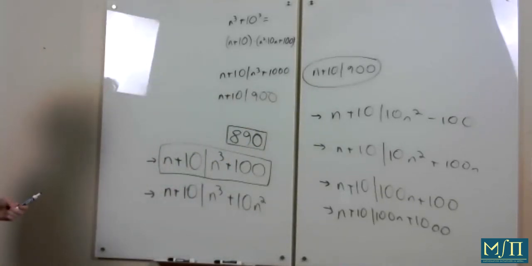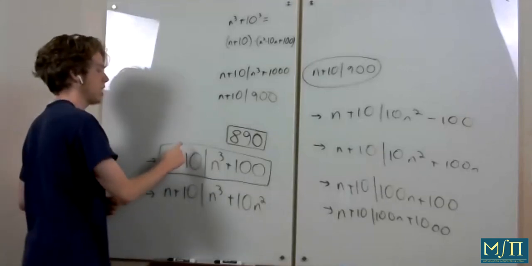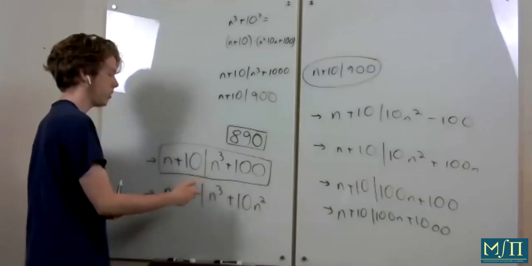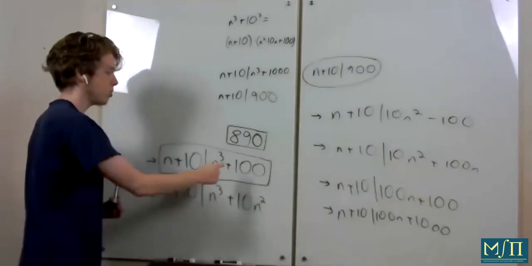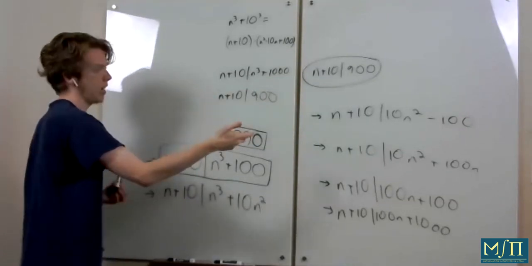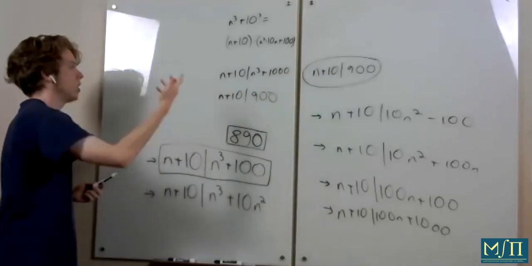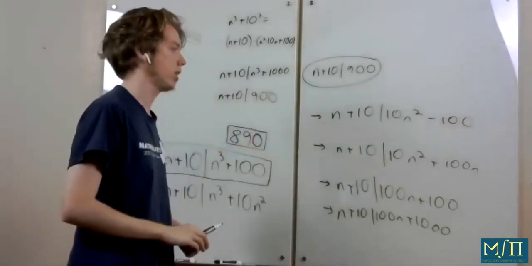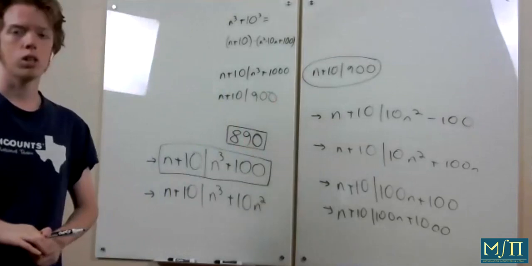And by that thing I said earlier, if you write this as n minus negative 10, then the remainder of this polynomial on division by n minus negative 10 is what you get when you plug in negative 10. So that would be negative 10 cubed plus 100, negative 900. And so you could just use that directly, this polynomial fact, the remainder theorem or whatever they call it. So yeah.